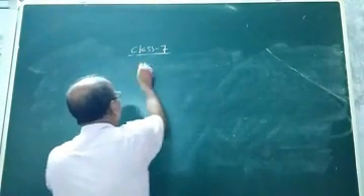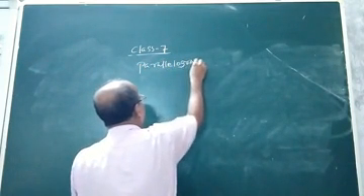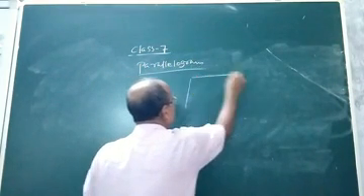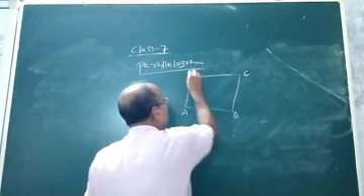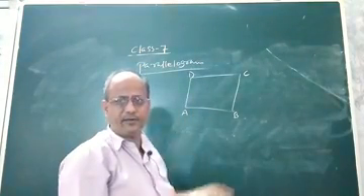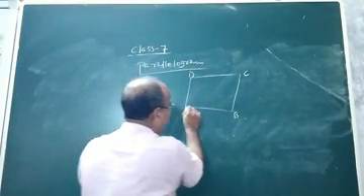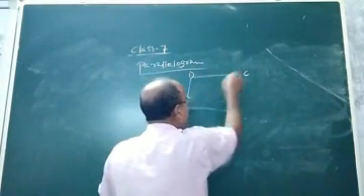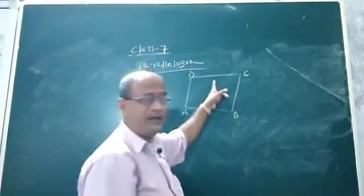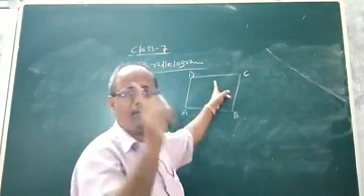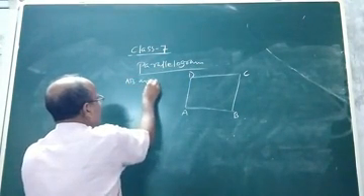See, it is another quadrilateral. Now look at the figure. As I just told you, it is a quadrilateral having 4 sides, AB, BC, CD and AD. Now look at the sides AB and DC.